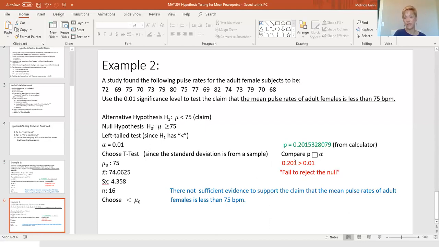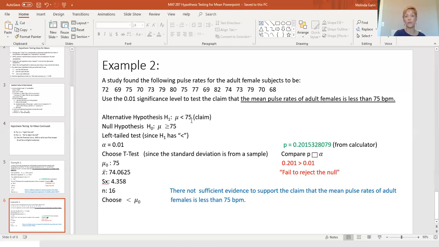So do you understand? This is telling you that if this statement is true, there's about a 20% chance that you could have gotten this data. Now, to me, that's low, but it's not low enough to throw this out. According to this, my significance level is 0.01, that's 1%.